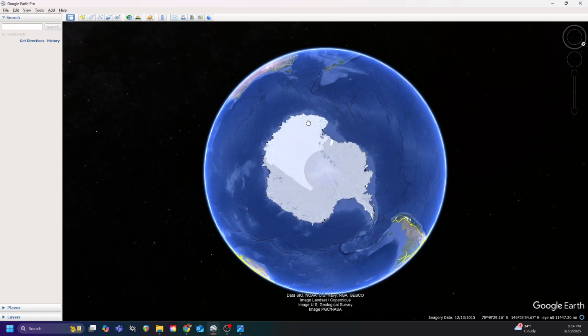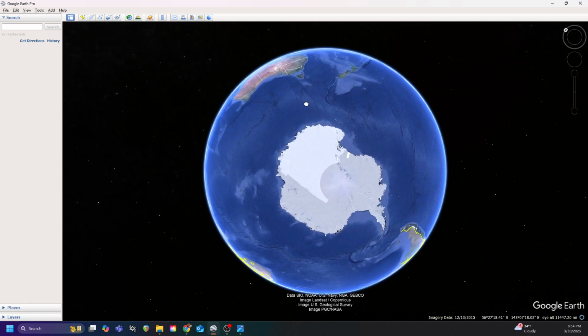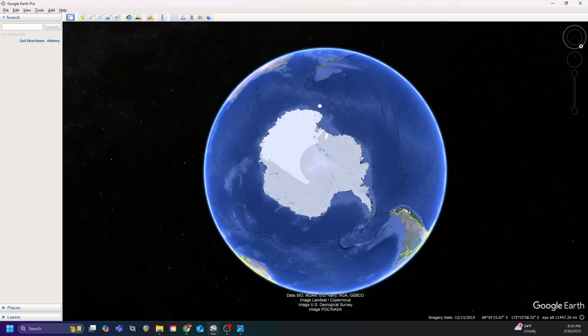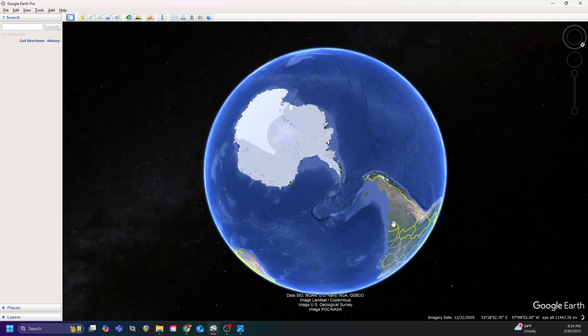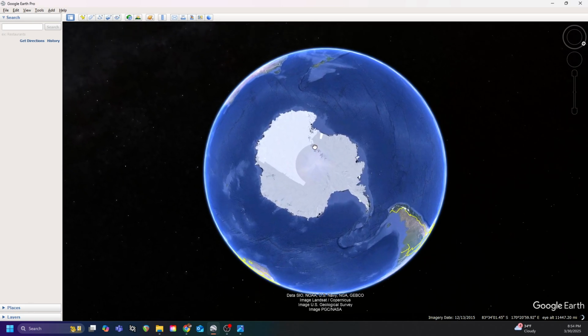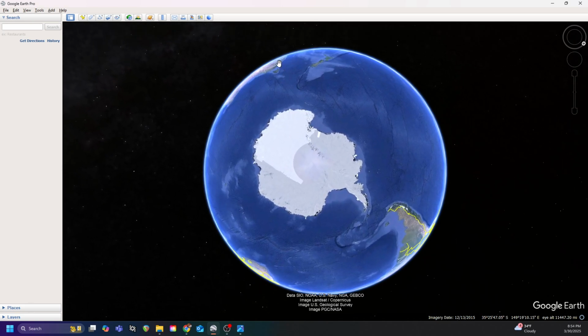And so if we zoom out here where we can see the entire planet, and of course here is Sydney, Australia, here is Buenos Aires right there. And if we go like this, we can see both Sydney and Buenos Aires at the same time. And if they're looking south, well, they're looking at us, because we are hovering out over the South Pole right now.